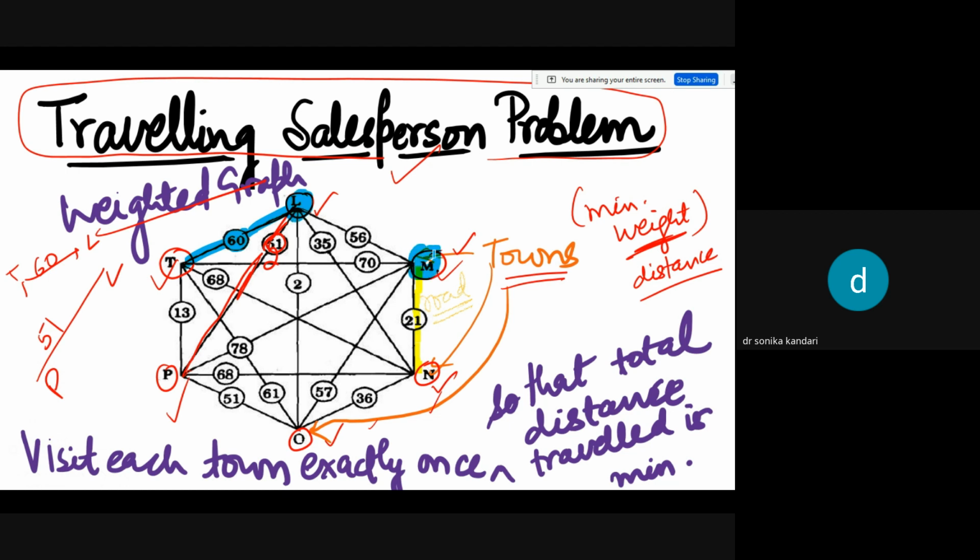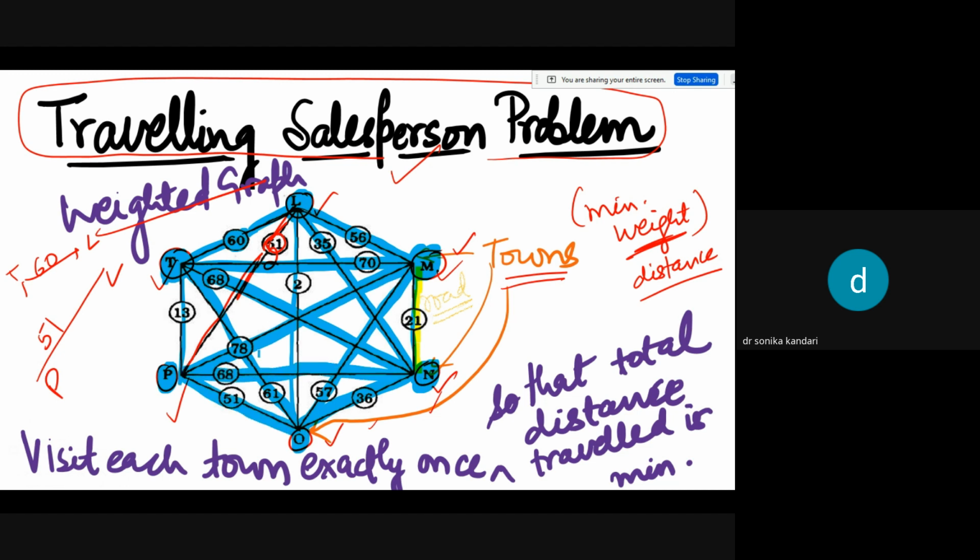Towns are L, M, N, O, P, T. And he doesn't know which will be the best path through which he will cover all the cities, covering minimum distance. Thus, this is an example of an optimization problem where the best route has to be found.